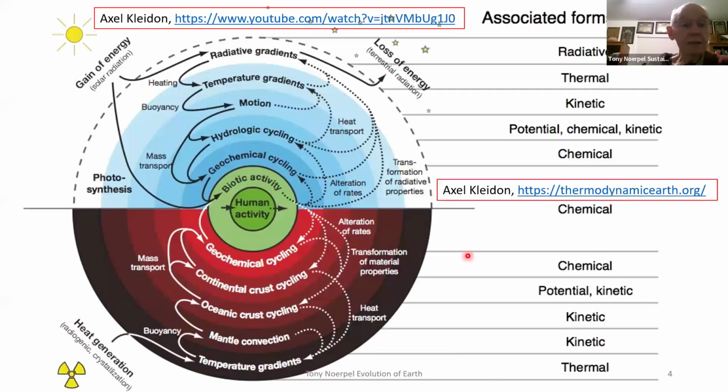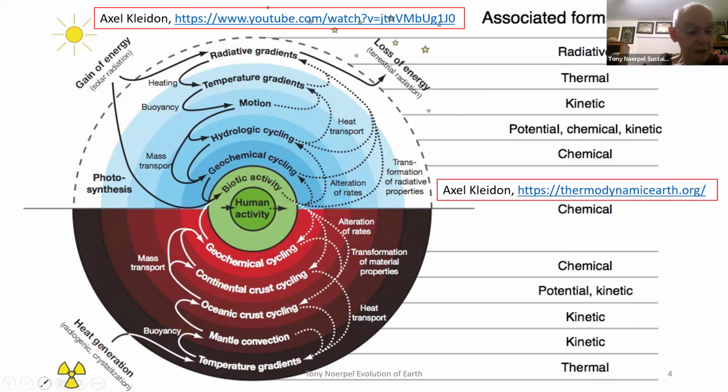And this is just another figure from Axel Kleidon. He wrote a book called Thermodynamic Earth. It's a great book. It's a graduate level textbook, and so it's really difficult. But this just illustrates how the Earth is a heat engine, and we gain energy from solar radiation. We lose energy from terrestrial radiation. And of course, there's geothermal cycling and geothermal energy.